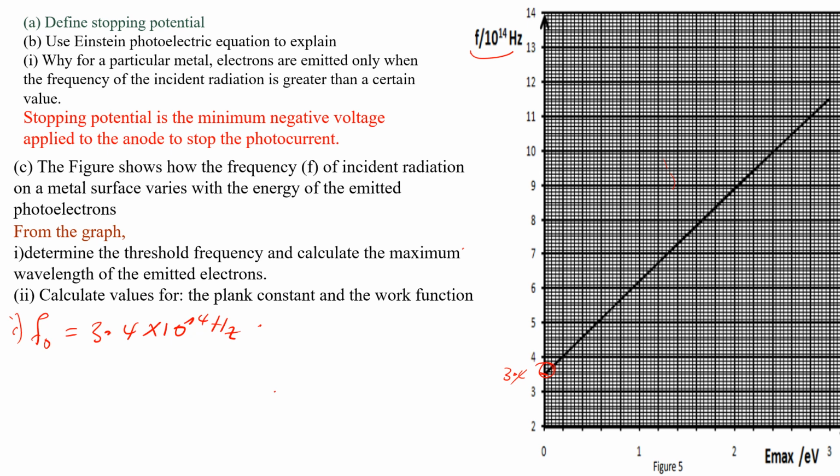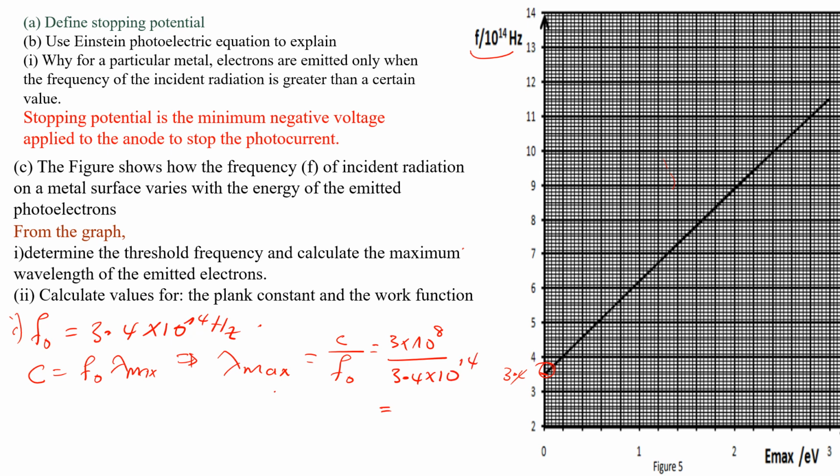So we can calculate the maximum wavelength simply using the notion that the speed of light will be equal to f0 times lambda 0, in which lambda 0 is our maximum wavelength. So this implies lambda max will be equal to c divided by f0, and c is 3 times 10 raised to the power 8, divided by f0, which is 3.4 times 10 to the power 14.